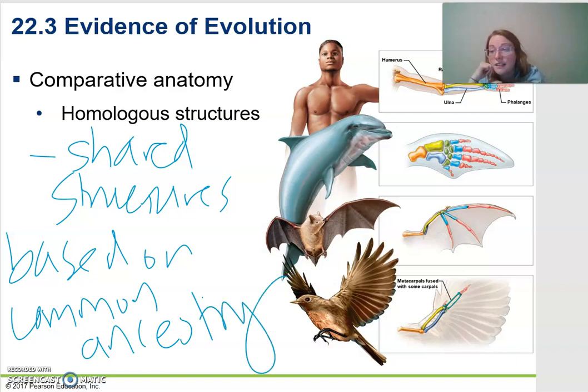So Neil Shubin talks about this in Your Inner Fish, but with arm bones, you've got one big long bone, two long bones, short bones, and long bones. And you'll see that same pattern in the arms of a human, the flipper of a dolphin, the wing of a bat, and the wing of a bird. And that's because we're all related.